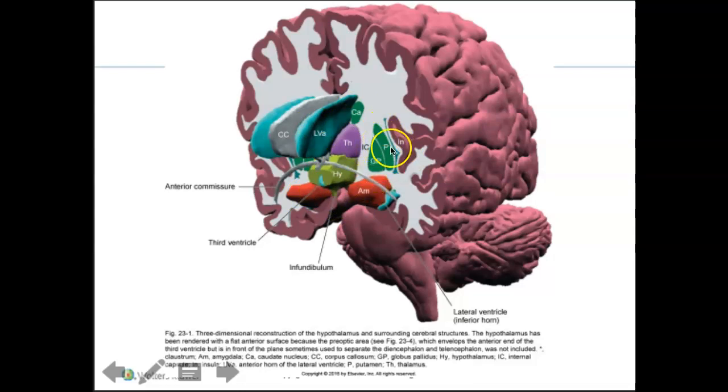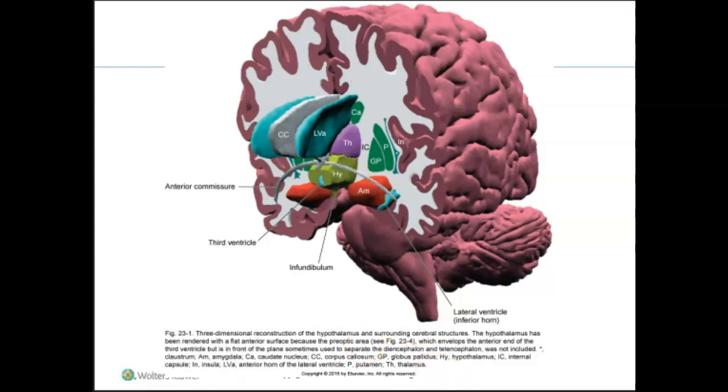Here are the areas of the brain we just discussed. This would be the basal ganglia, in close proximity to the hypothalamus. Another structure I want to point out is the amygdala. The amygdala is in very close proximity and connected to the hypothalamus, and it has a major effect on controlling emotions. The hypothalamus is also involved in that axis.